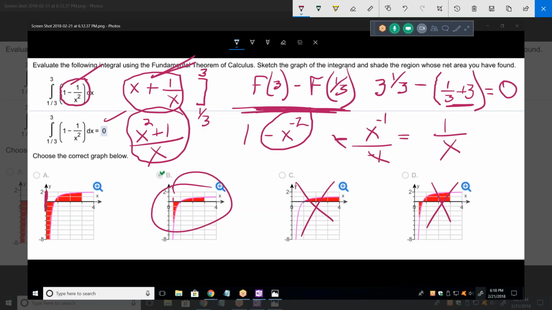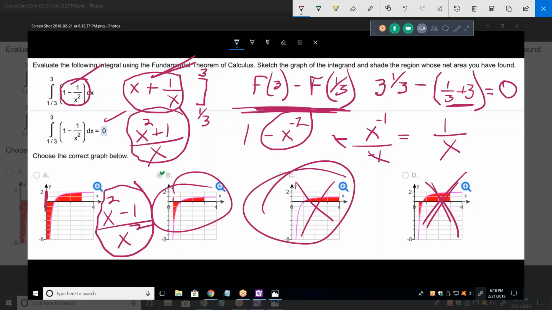So if I graph that, it actually becomes x squared minus 1 over x squared. And that does have a horizontal asymptote at 1. So D doesn't work. That has a horizontal asymptote at 2. This one has the right horizontal asymptote. This one does not, but so does this one. They both have a horizontal asymptote at 1. But clearly this has a positive area, not a net 0 area.